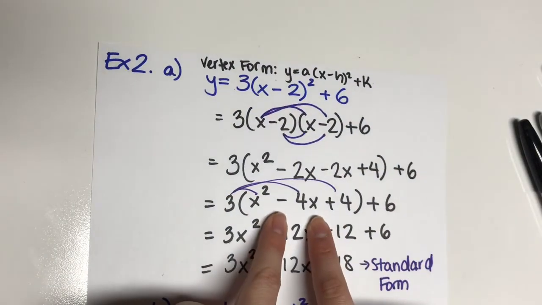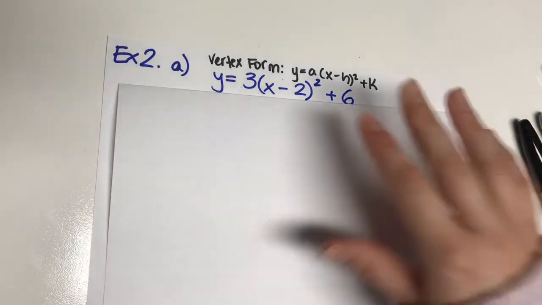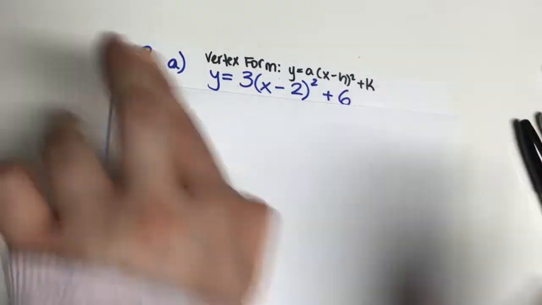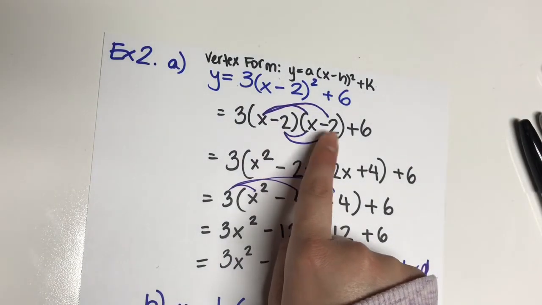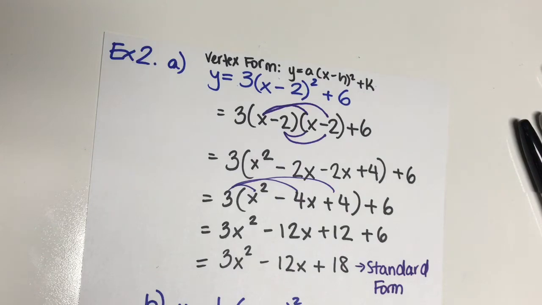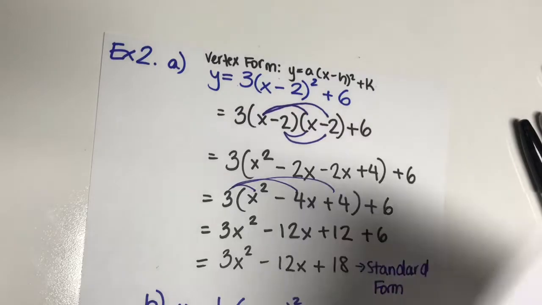Here it's in expanded form. So I'm going to show you a second way of doing it, thinking about perfect square trinomials. For some of you, if you need to write this out, that's okay. This is just a strategy to make it faster, to skip these steps right here.